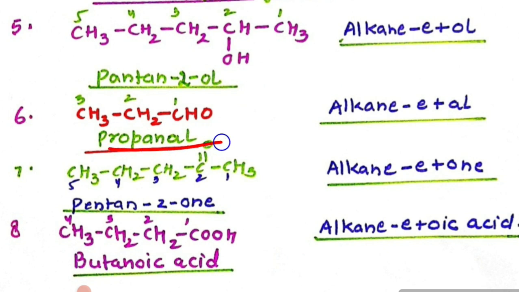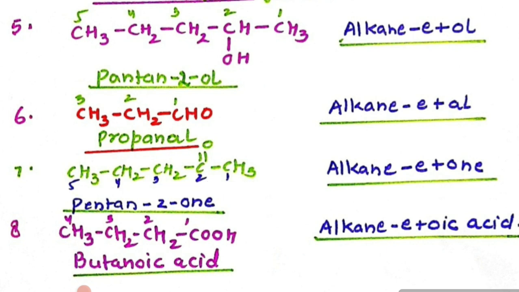Now the next example is another carbonyl group, ketone, and the suffix used for naming this functional group is -one. This has positional isomers, so you have to mention the position before the suffix -one. Select the longest chain containing the carbonyl carbon and then number the carbon atoms in such a way as to get the lowest number to the carbonyl carbon.